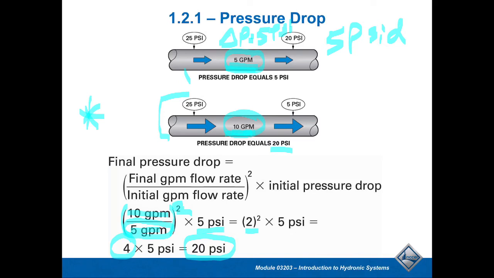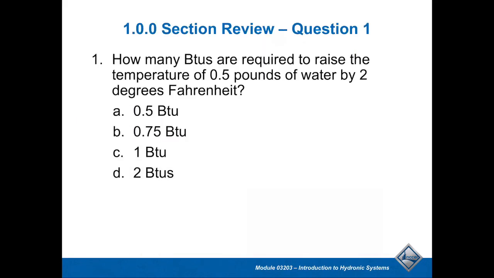That is difficult to do in a lot of systems. We might be able to go up by 10 or 20%, but doubling the flow or tripling the flow is difficult without making additional changes in pumps or piping and things like that.